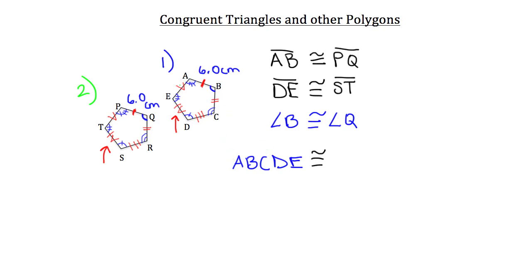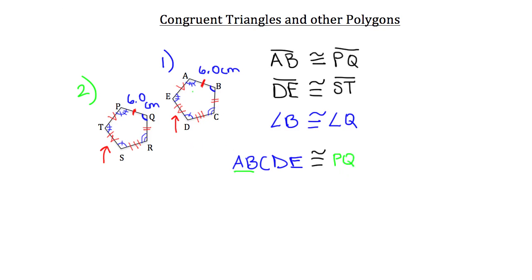So in order for it to go in the same direction, A, B, C, D, E, what I'll look at is that A to B in this first part right here contains this red single congruent tick mark. That same red congruent tick mark is contained inside PQ on polygon 2. So AB of polygon 1 matches up with PQ of polygon 2.